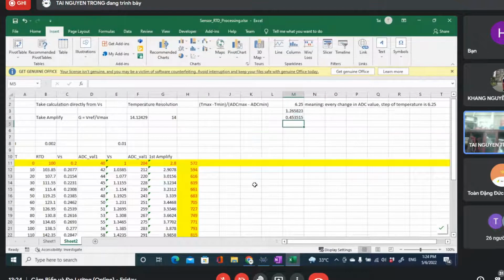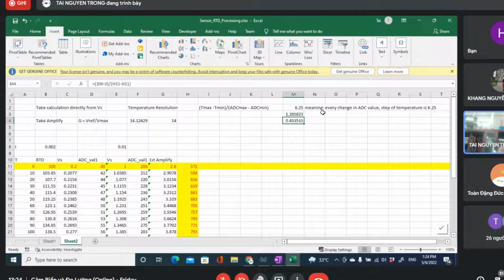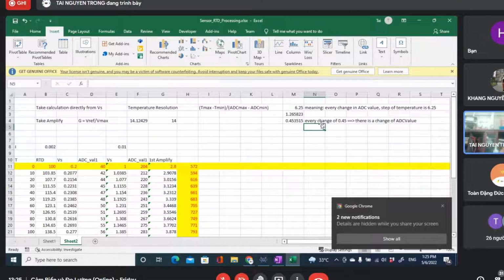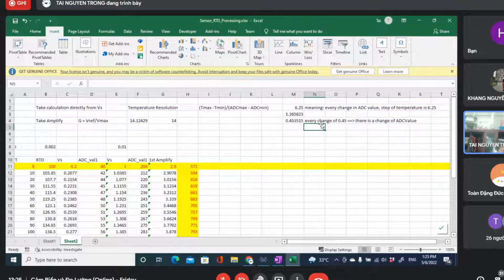And in this case, as you can see, the average change of 0.45, and in this case the ADC will be more sensitive, more sensitive to the temperature.